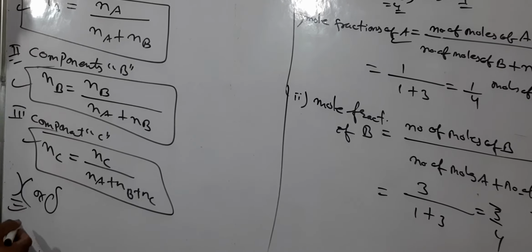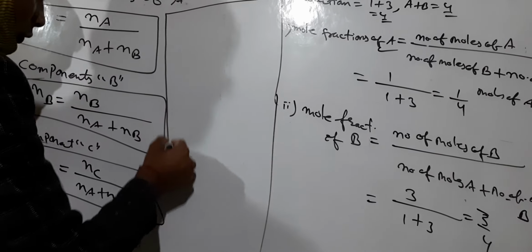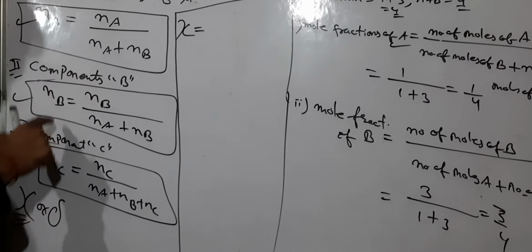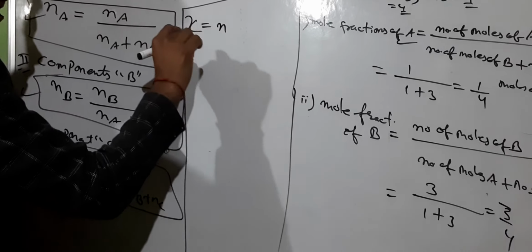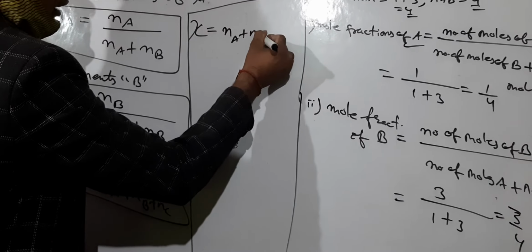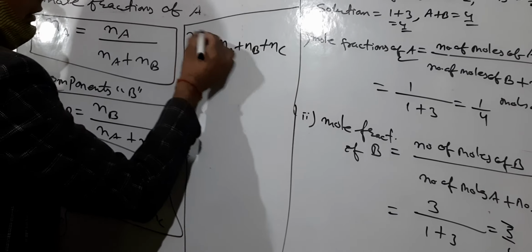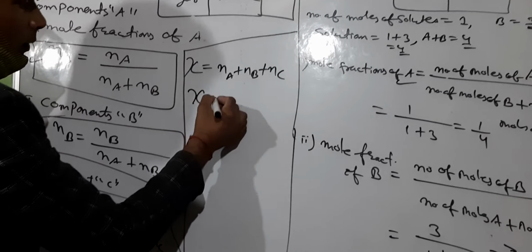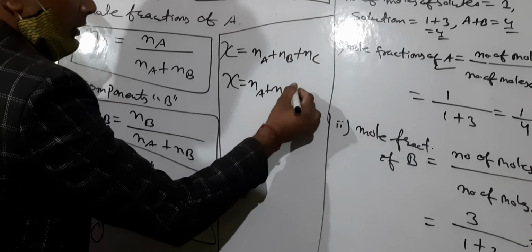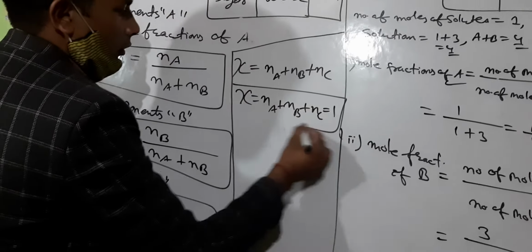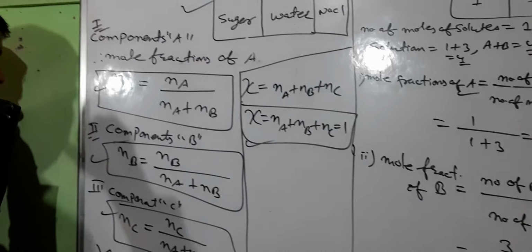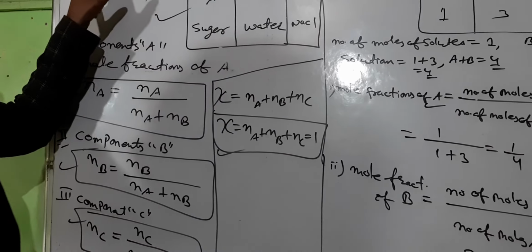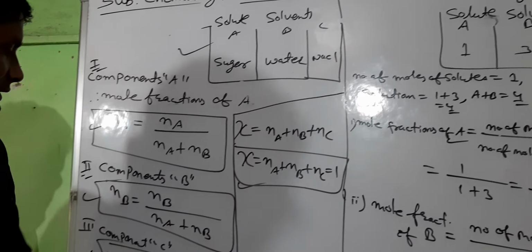The total of the mole fractions, Na plus Nb plus Nc, equals 1. So this is your concentration term zeta, denoted by the mole fraction. This is the concentration term zeta.